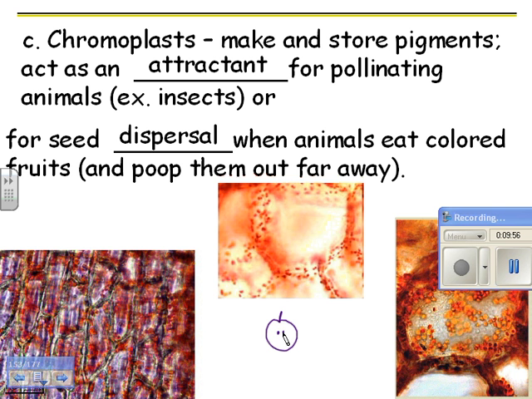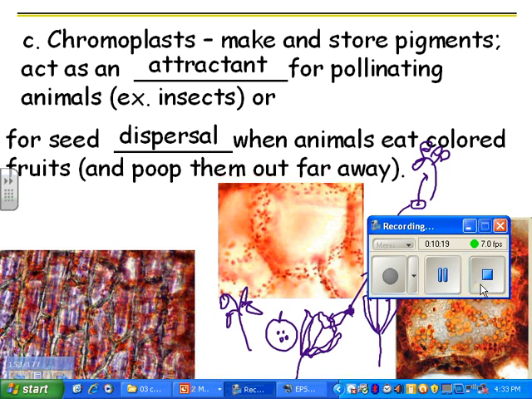It's going to eat the seeds in here too. And then the animal's going to walk a mile away, and it's going to poop it out, and there's the seed in there, and that'll grow up and become a new apple tree. Yay, apple tree. And so this apple tree won't have to compete with the tree over here that this apple came from. And that is the end of my story for now.